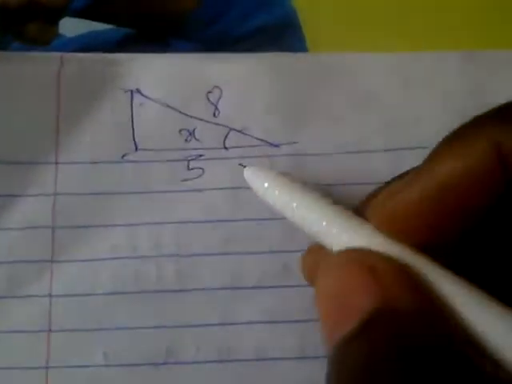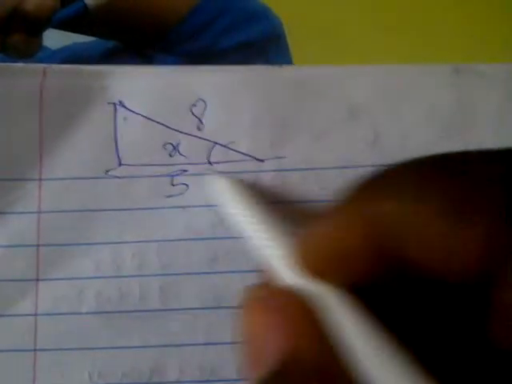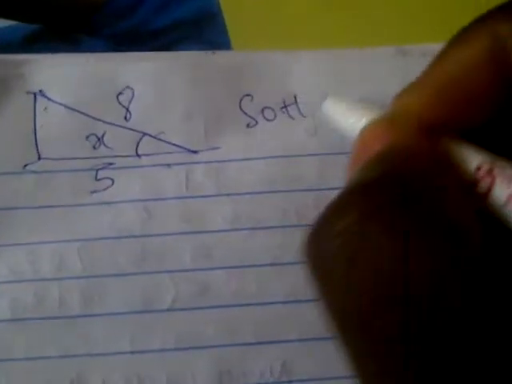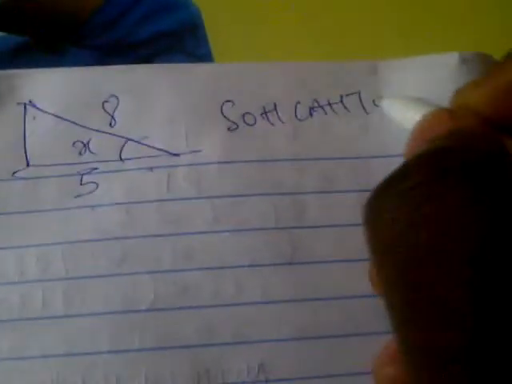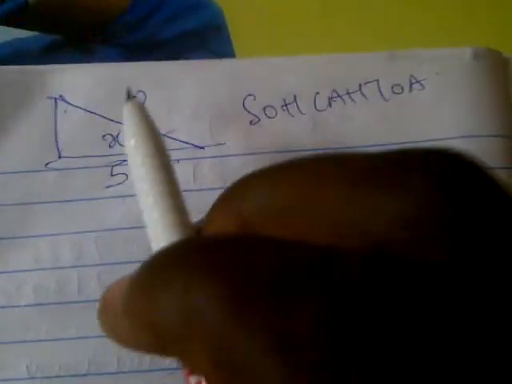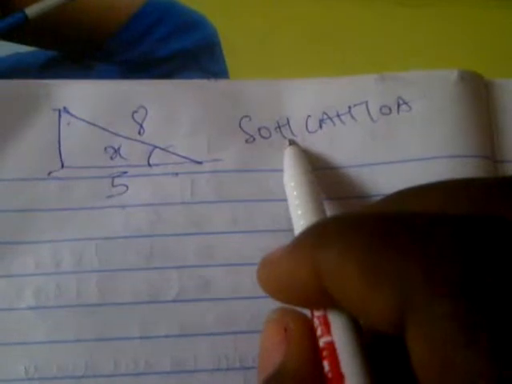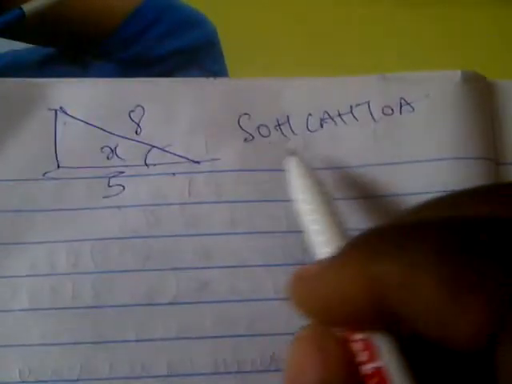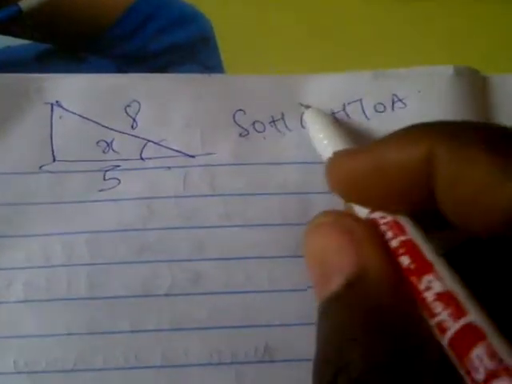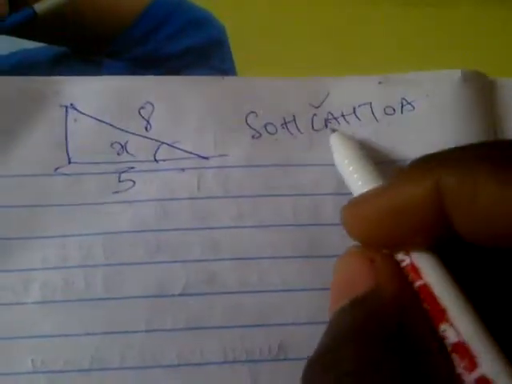Now we're given only the base and hypotenuse, or the adjacent and the hypotenuse. From SOH CAH TOA, we look for the one that has adjacent and hypotenuse. Opposite over hypotenuse is out, adjacent over hypotenuse is cos, opposite over adjacent is out, so it's cos.